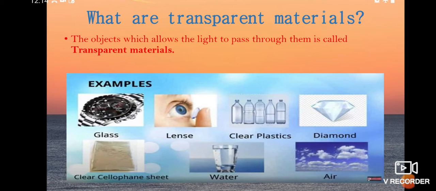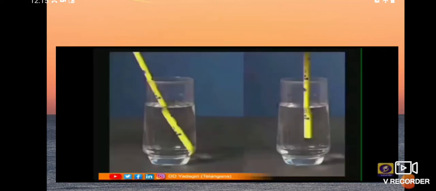If the light ray travels from air to glass, what will happen? For this, let us see an interesting activity. Here is the activity for you. You can watch it carefully.